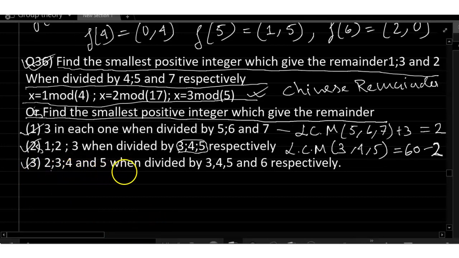Next, remainders 2, 3, 4, 5 when divided by 3, 4, 5, 6.